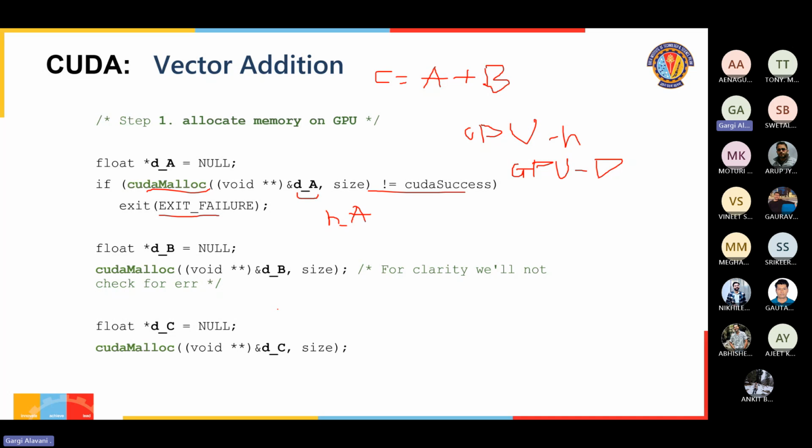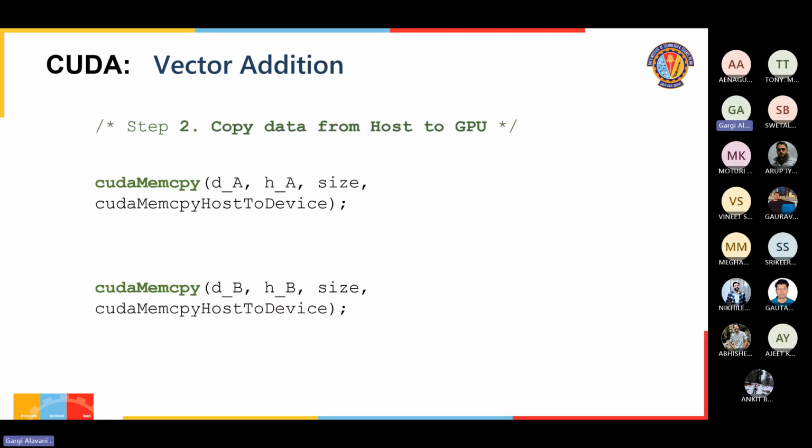Allocate these 3 vectors on your GPU using cudaMalloc. Next is to copy the data from host to your GPU. This is the host array that you have created on your CPU.